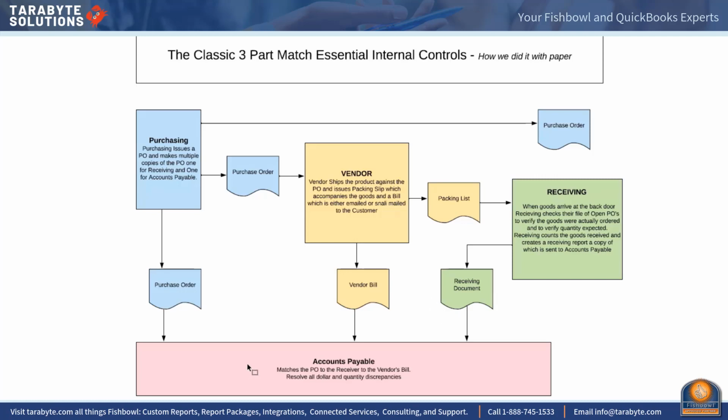She would very thoroughly make sure that we were charged the correct price by the vendor, and that the quantity received matches the quantity the vendor billed us for. So she's the control point before this goes into the system as a bill and monies are released to the vendor. So this lady's got power.